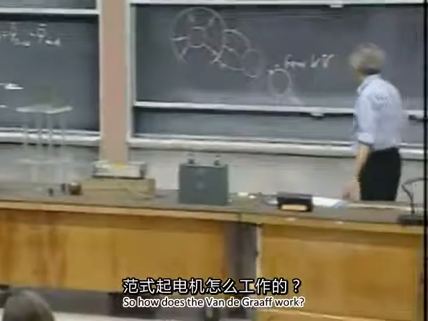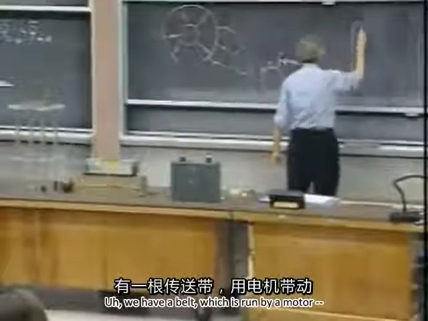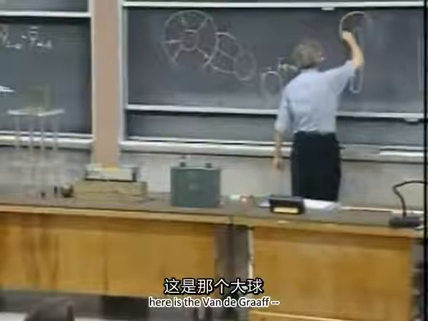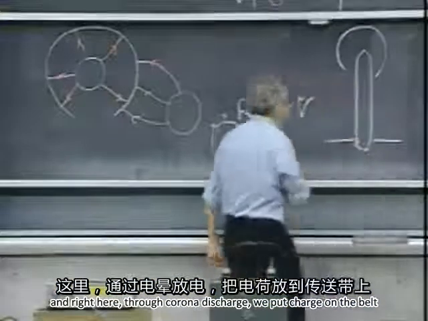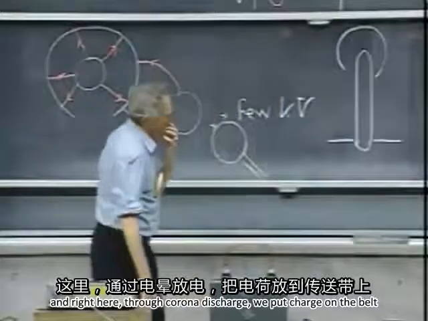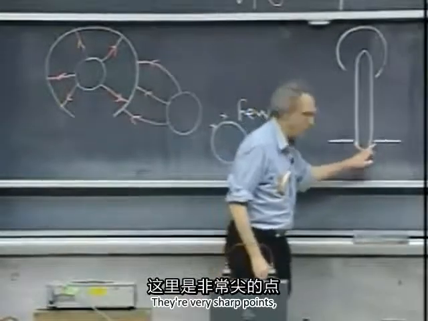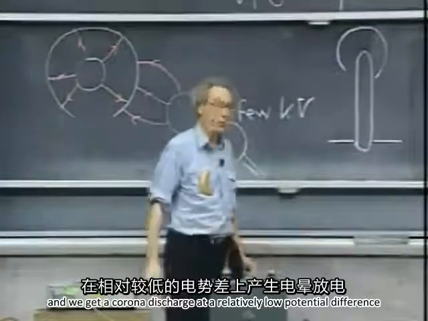So how does a Van de Graaff work? We have a belt, which is run by a motor. Here is the Van de Graaff. And right here, through corona discharge, we put charge on the belt. There are very sharp points, and we get a corona discharge at a relatively low potential difference.